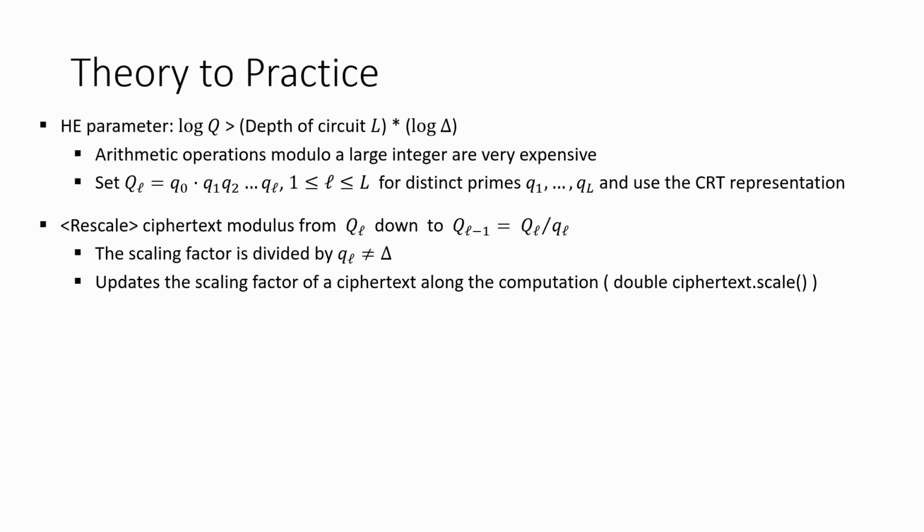So in our library, we search for L distinct primes, Q1 to QL, and set the ciphertext modulus as a product of the Qi's to support this CRT system. So for arithmetic modulo large Q, we just store a tuple of small numbers. Each of them can be stored in a 64-bit uint64 variable, and we can do individual small word-size operations to represent large precision arithmetic.